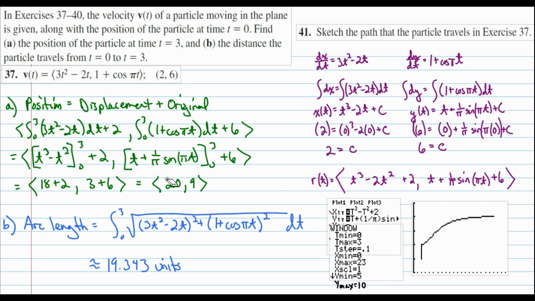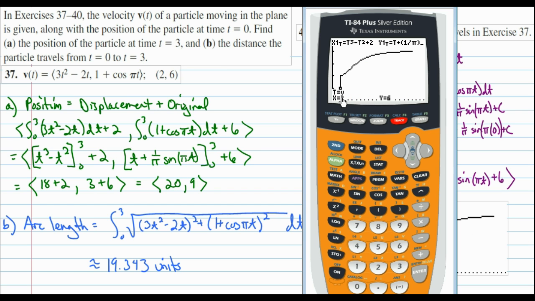Horizontally, it started at 2 and ended at 20, so I made my x-min 0 and my x-max 23. Vertically, it started at 6 and ended at 9, so I used 5 for my y-min and 10 for my y-max. And then I get this lovely graph right here, which, if you check, does have at t equals 0 the point (2, 6). And if we check at t equals 3, it does have (20, 9).